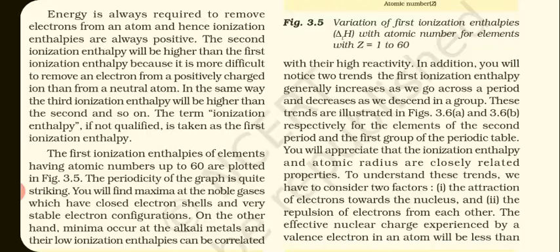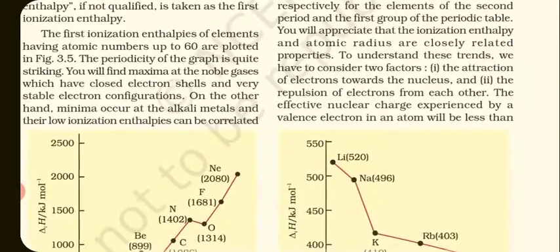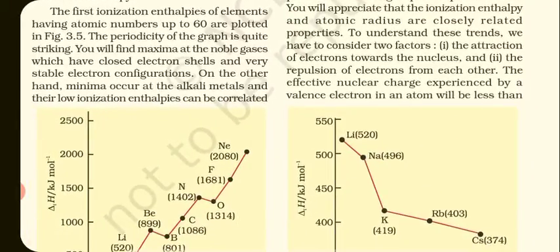In the same way, the third ionization enthalpy will be higher than the second, and so on. So the term ionization enthalpy, if not qualified, is taken as the first ionization enthalpy. The first ionization enthalpies of elements having atomic number up to 60 are plotted in figure 3.5. The periodicity of the graph is quite striking.